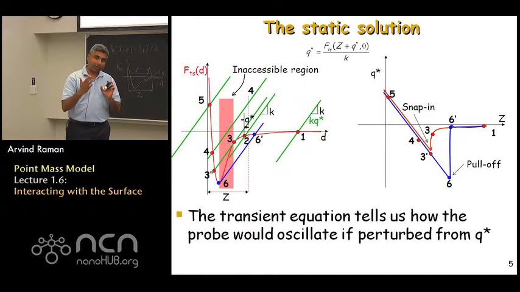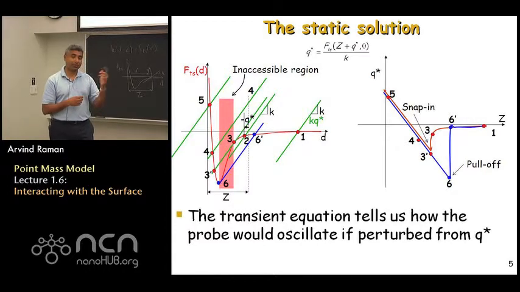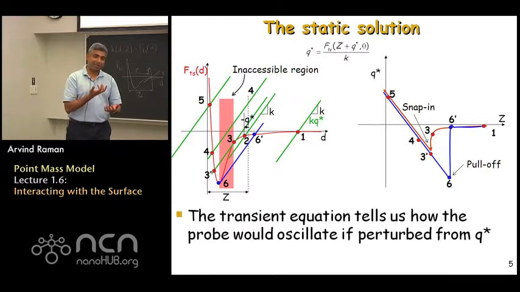As the tip sample separation is reduced and you get to point 3, the straight line intersects with the tip sample interaction force curve at 2 locations, at 3 and 3 prime, which means that the tip is in equilibrium with the tip sample interaction forces at 2 different locations of the gap d star, or of tip sample deflection, or tip deflection q star.